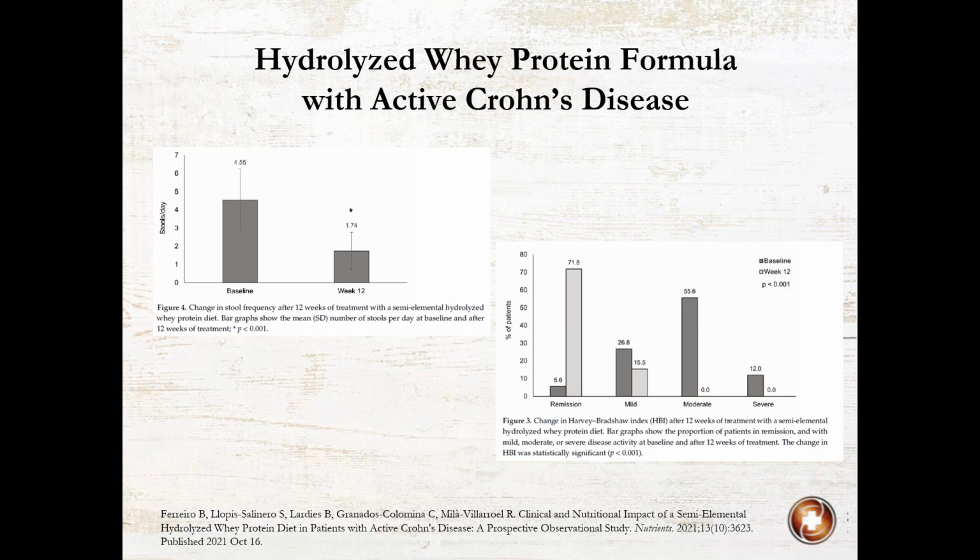So after treatment, we see that there is 0% of patients in the moderate to severe Crohn's disease category, there's 15.5% with mild Crohn's disease, and 71.8% achieved remission, which is pretty significant.